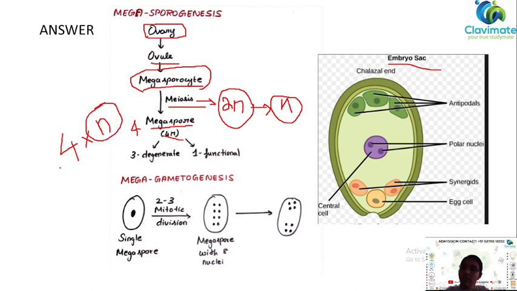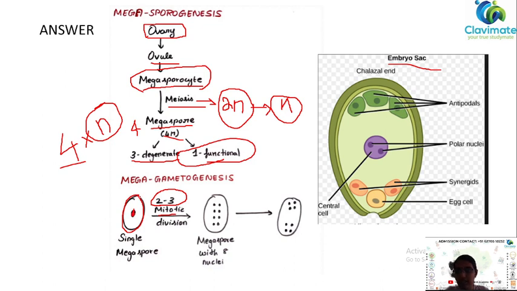So out of these 4, 3 will degenerate and 1 is functional. So this single functional megaspore will undergo mitotic divisions. So when undergoing 2 to 3 mitotic divisions, this single nucleus only, so you have this nucleus here.